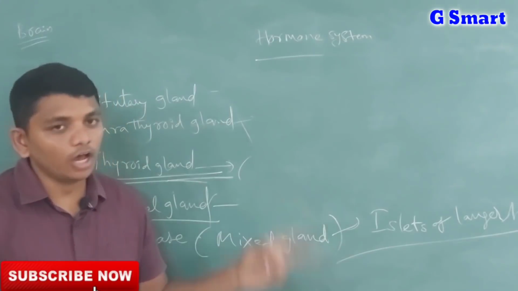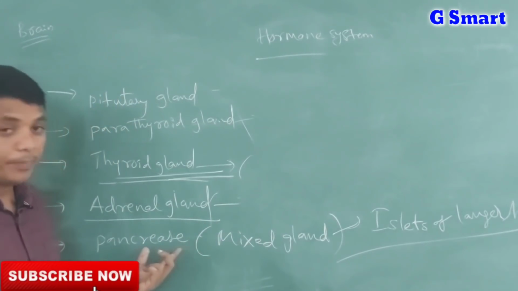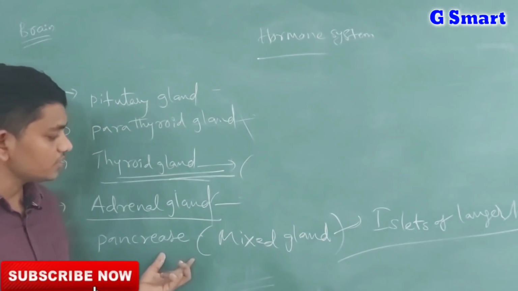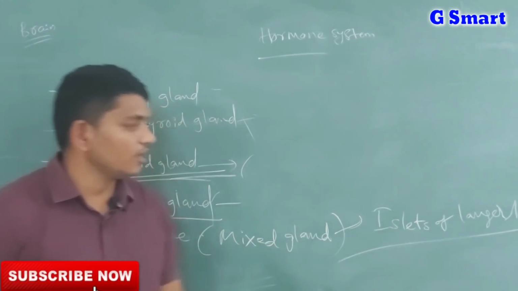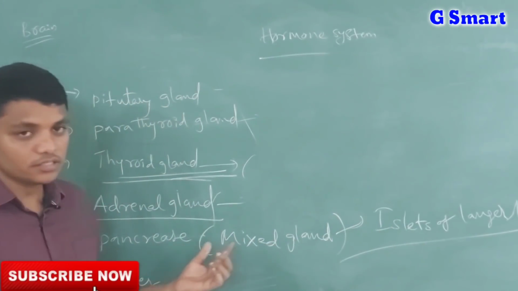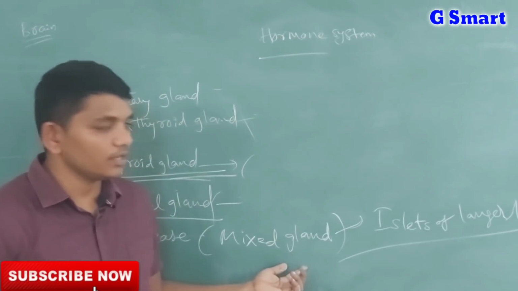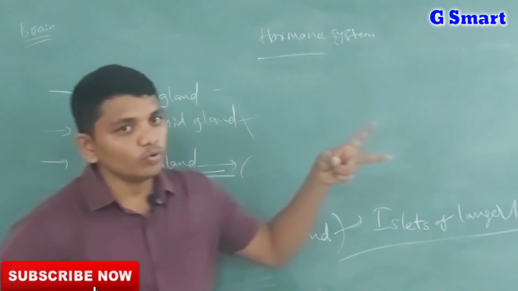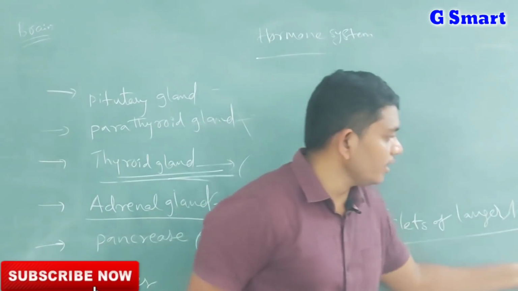So these two hormones are generally released by the pancreas. The pancreas cells are called islets of Langerhans, and the pancreas is a mixed gland releasing two hormones, insulin and glucagon.